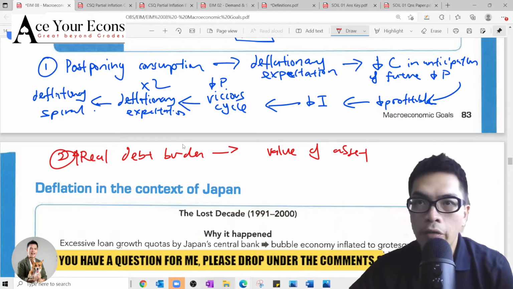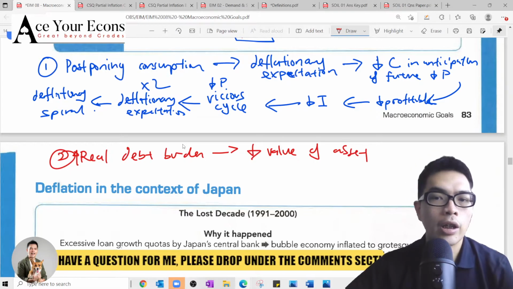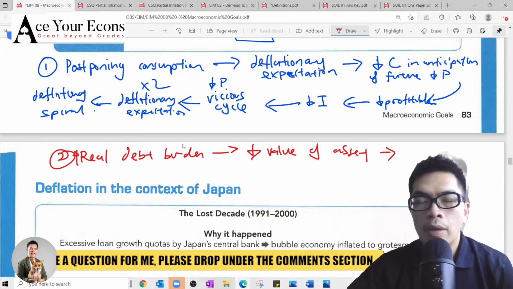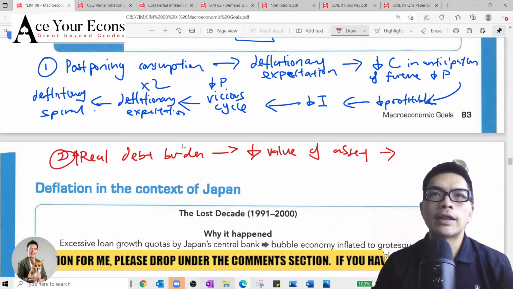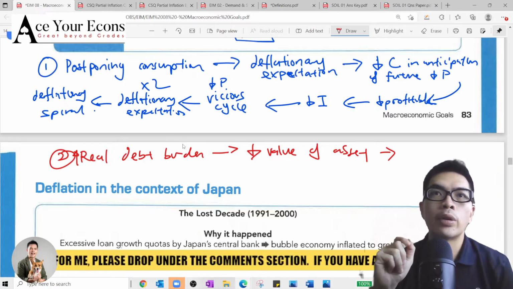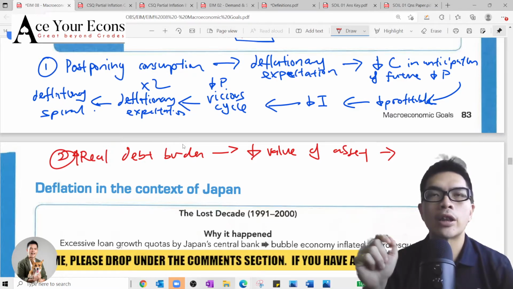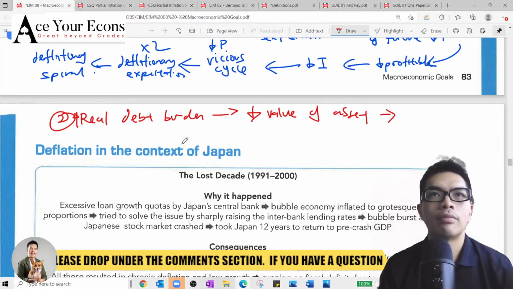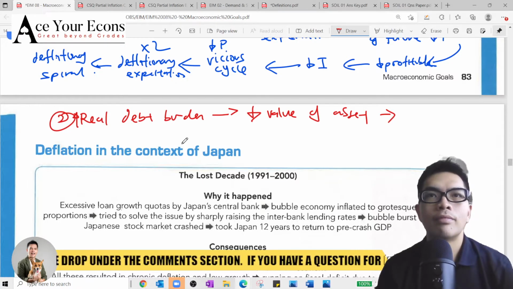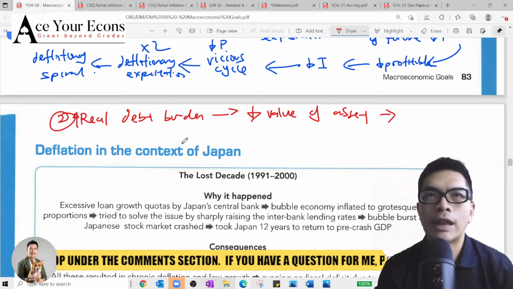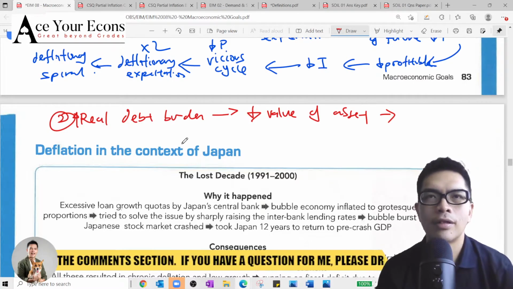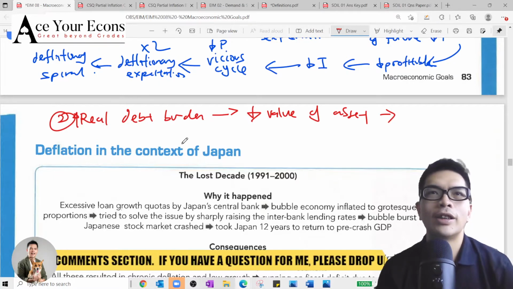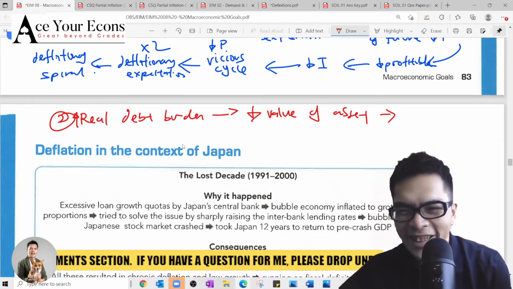The value of your house is going to depreciate. Now, you remember you took a loan from the bank, right? Is the amount of loan owing to the bank the same, or is it going to depreciate as well? Do the bankers give you a discount when they see that the value of your house goes down? No discount.